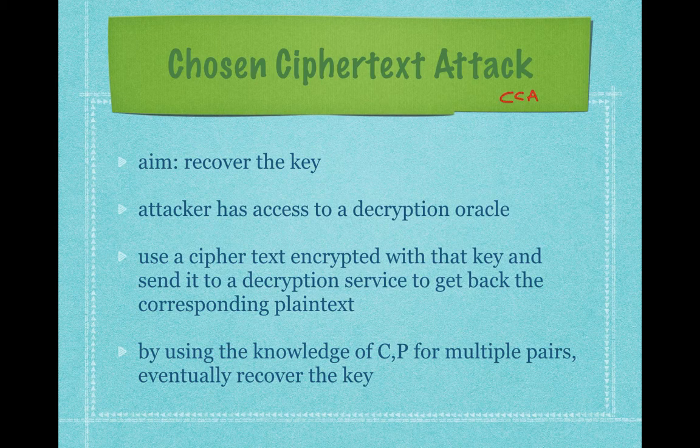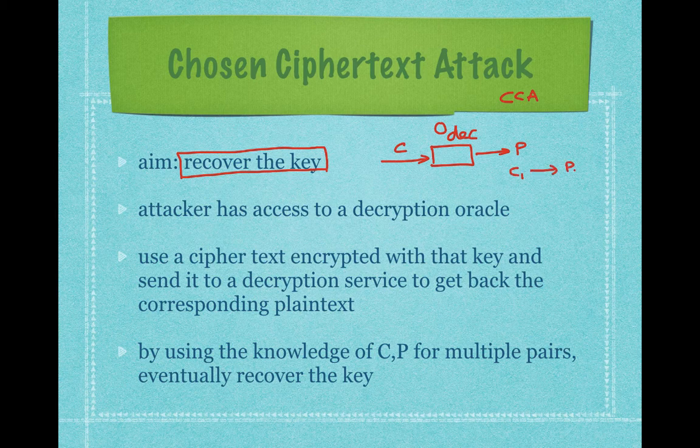In a conventional CCA, the aim is to recover the key that is used for encryption. The assumption is the attacker has access to a decryption oracle. So what is a decryption oracle? Whenever you provide a ciphertext C, the decryption oracle will provide the corresponding plaintext P. That means the attacker can initially send C1 and get the corresponding P1.